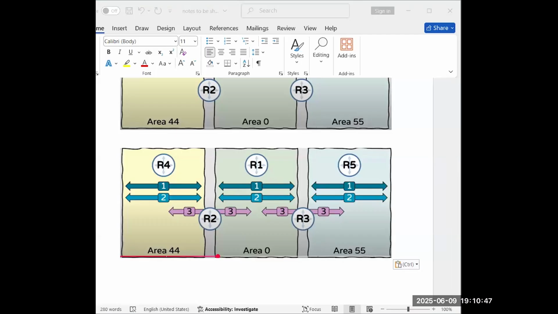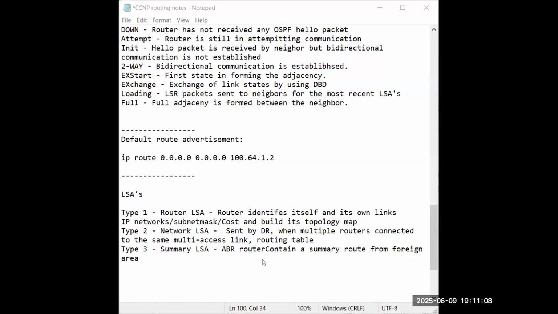ABR router sends it. So the ABR router is going to send updates in both directions. That is type 3.